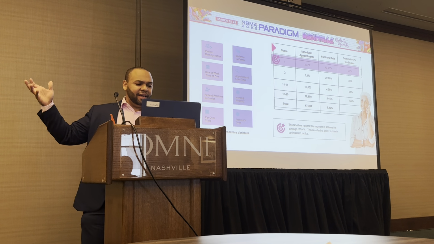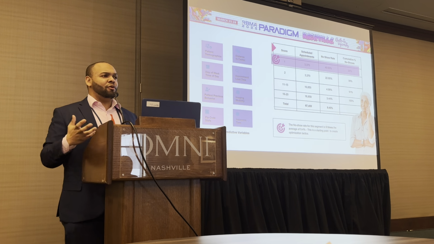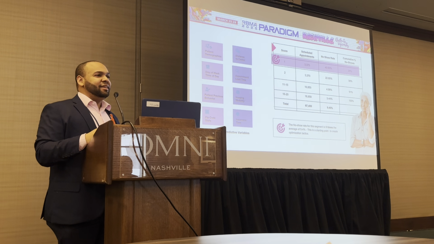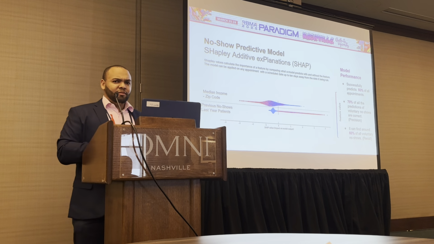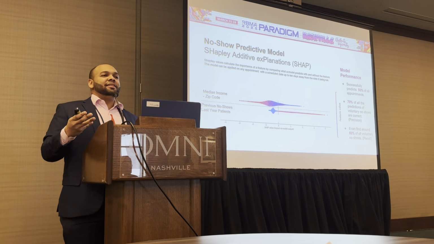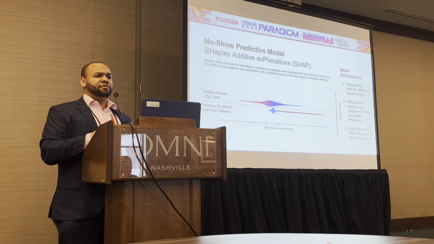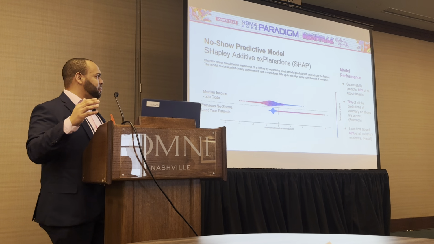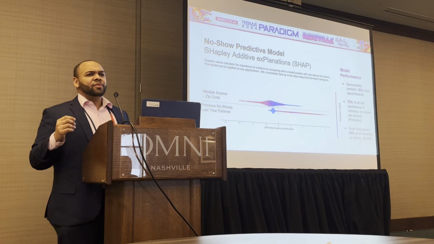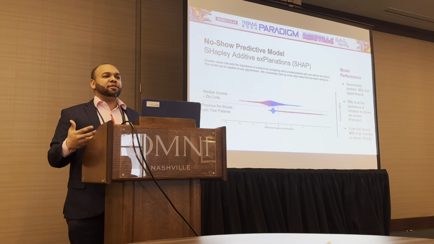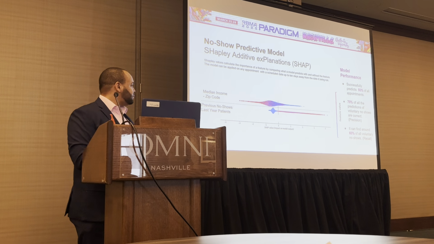So using all this data and a combination of all these things, what we have seen is that we can significantly predict the likelihood that this patient, or this appointment, because the model itself is related to appointments, not necessarily the patients. But there are variables that are highly predictive of when a patient will show up or not show up.